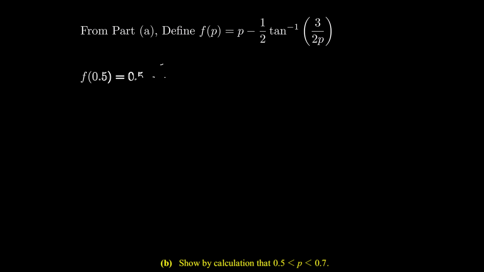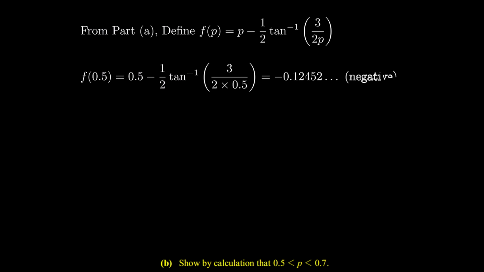B part is show by calculation that p is greater than 0.5 and less than 0.7. So we'll make the equation from the previous part and check their sign. So let's define from the first part f of p as p minus half tan inverse 3 over 2p, and then we'll find the value of f at 0.5, which is going to be negative 0.12452, which is negative, and the last value, which is 0.7.